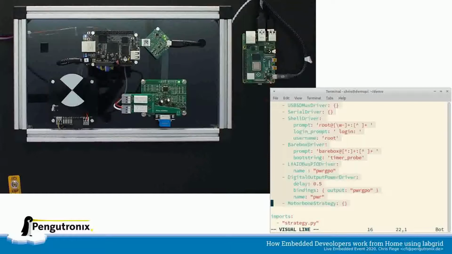The strategy then knows how to transition between these states. For example, if we want to enter the bootloader, we power on our device and interrupt the auto boot of the bootloader just to get into the shell of the bootloader. And if we then want to switch into Linux, well, we just use the auto boot feature again and wait until we have reached an interactive shell in Linux.